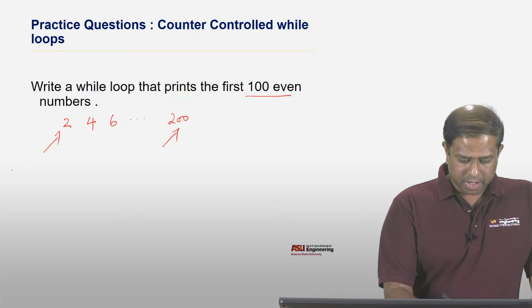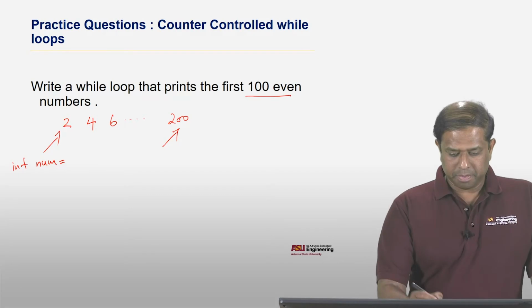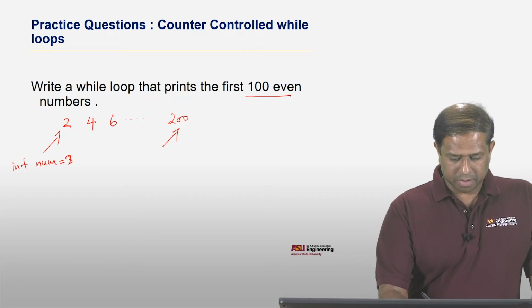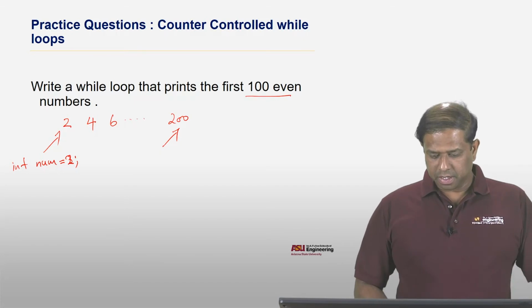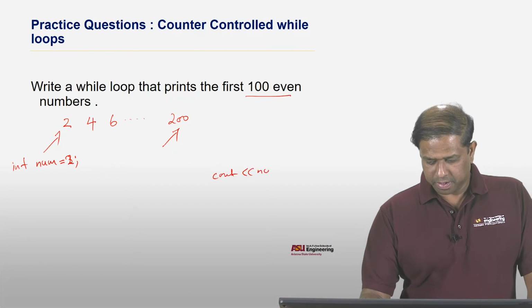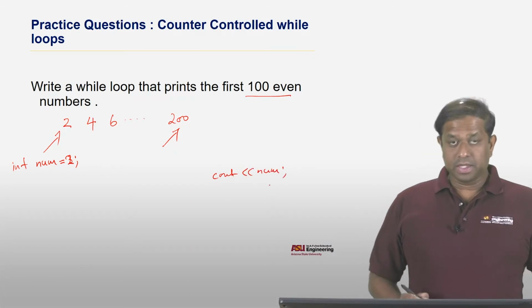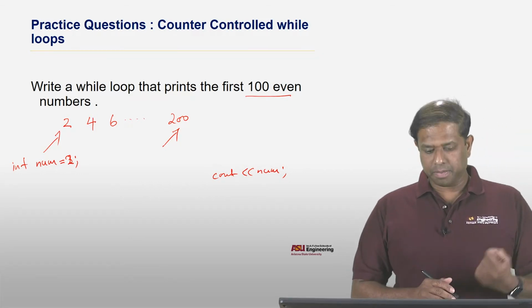So again we can declare an integer variable called num, and initialize num to be the first number to be displayed, so that's 2. And then inside the loop, we need to display the number, so cout num, and this time we are not going to increment number by 1, but by 2.